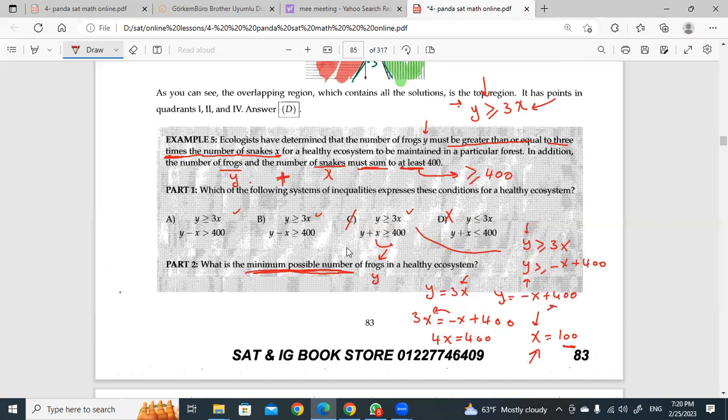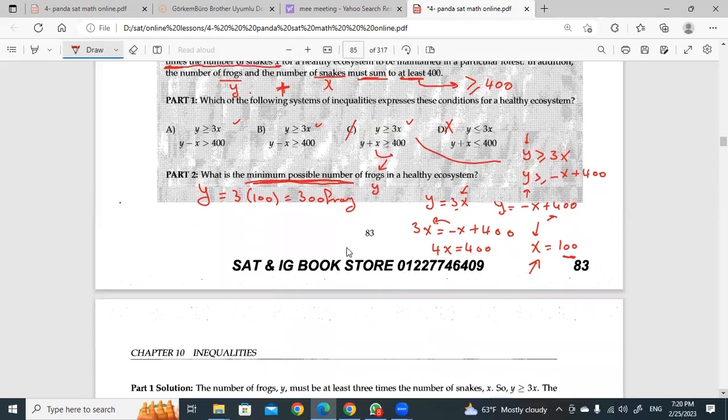So y equals 3 multiplied by 100, which means the minimum number of frogs will be 300. Clear? Yes. Any questions here? No.